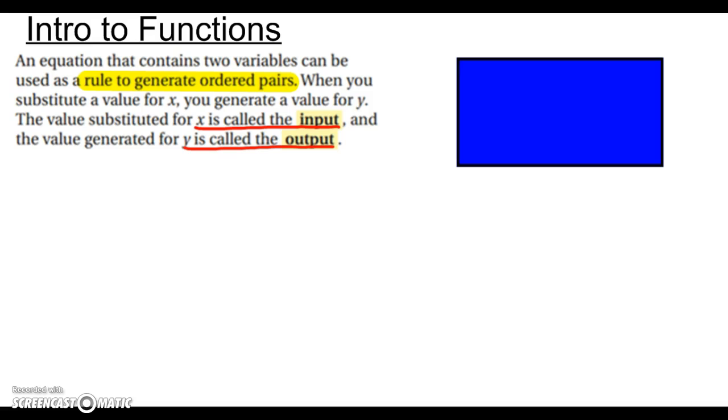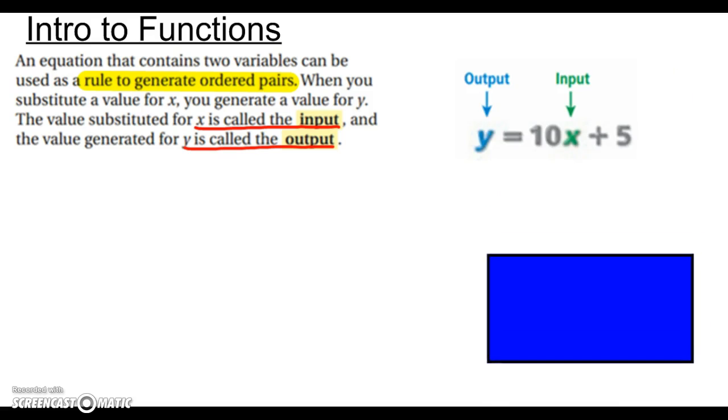You can see right here that X is going to be our input and Y is going to be our output. Basically, you've seen equations like this a bunch of times, where there's a rule that you follow. That would be the 10x plus 5 portion. You input some number in for x, and you get an answer for y.